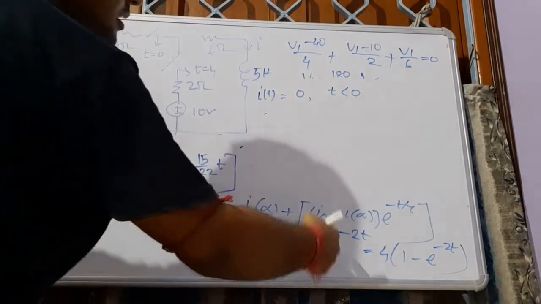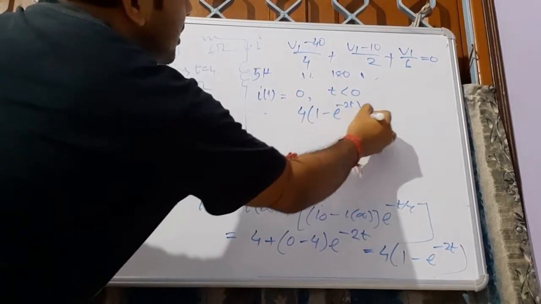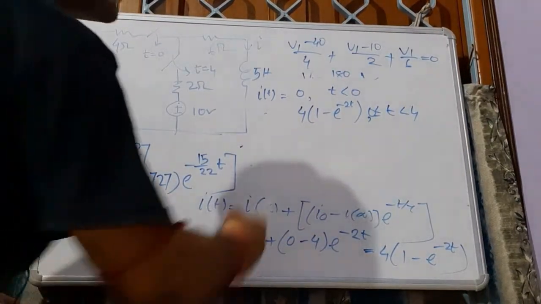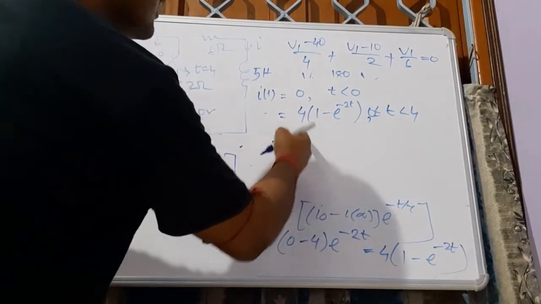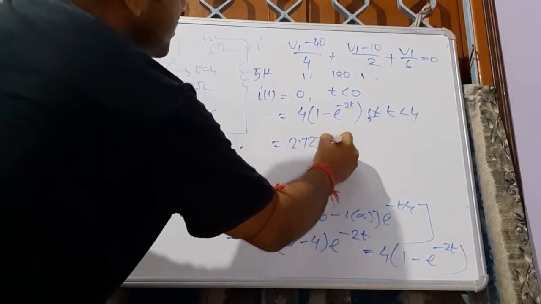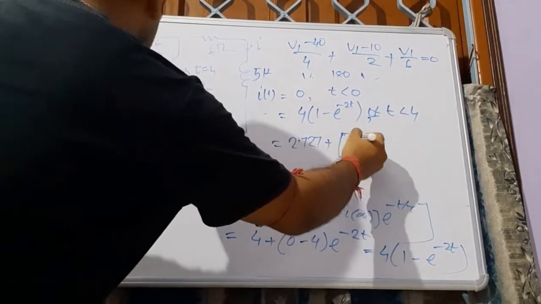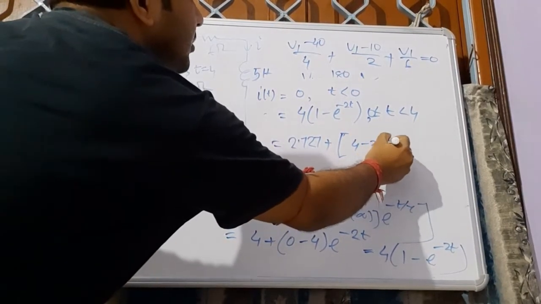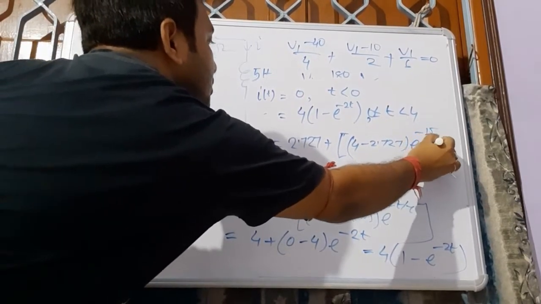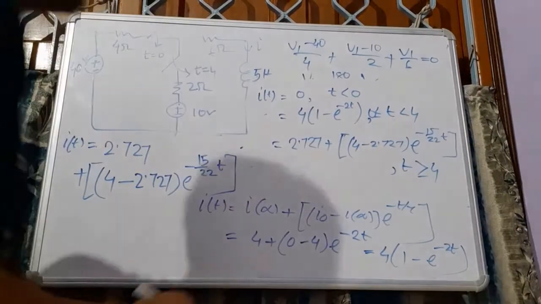This expression 4(1 minus e to the power minus 2t) for t greater than or equal to 0 and less than 4, and this, 2.727 plus (4 minus 2.727) e to the power minus 15 by 22 t for t greater than or equal to 4. So this is the final expression.